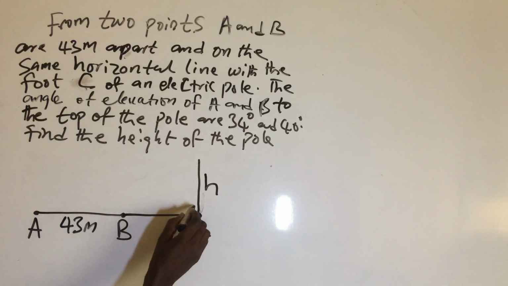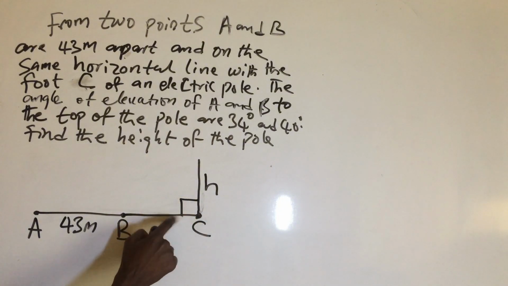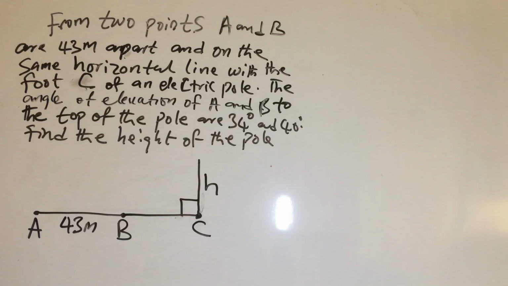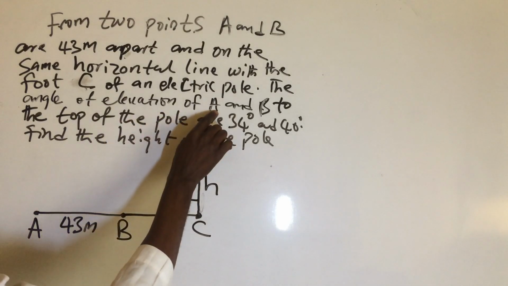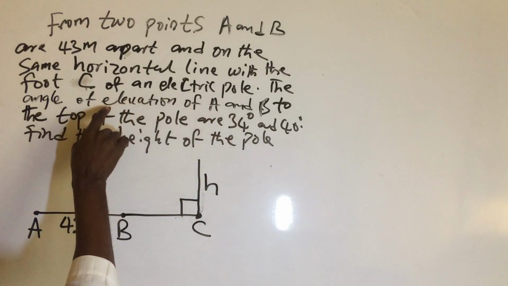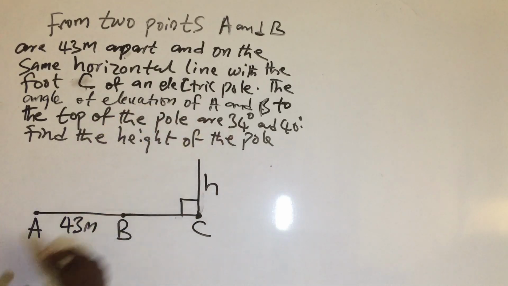Now this has made 90 degrees with this horizontal line of the points we are talking about, all right? Now the question says that A makes an angle of elevation of 34 degrees.